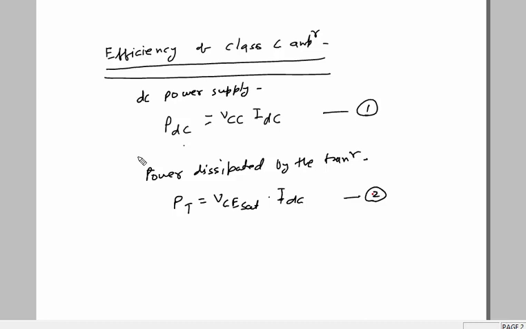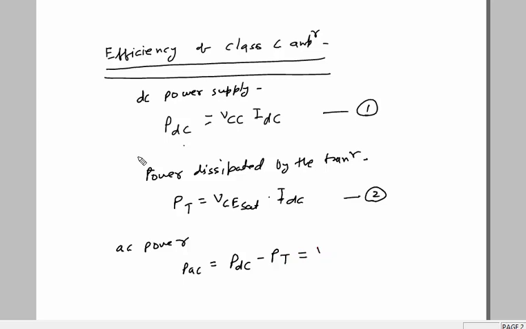Hence the AC output power is given by PAC, which must be equal to the supply power minus the power dissipated by the transistor.